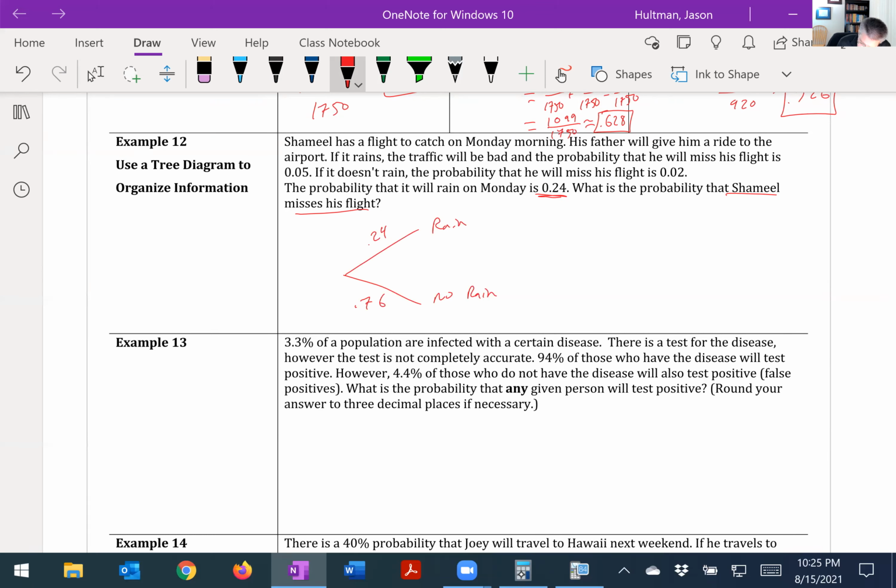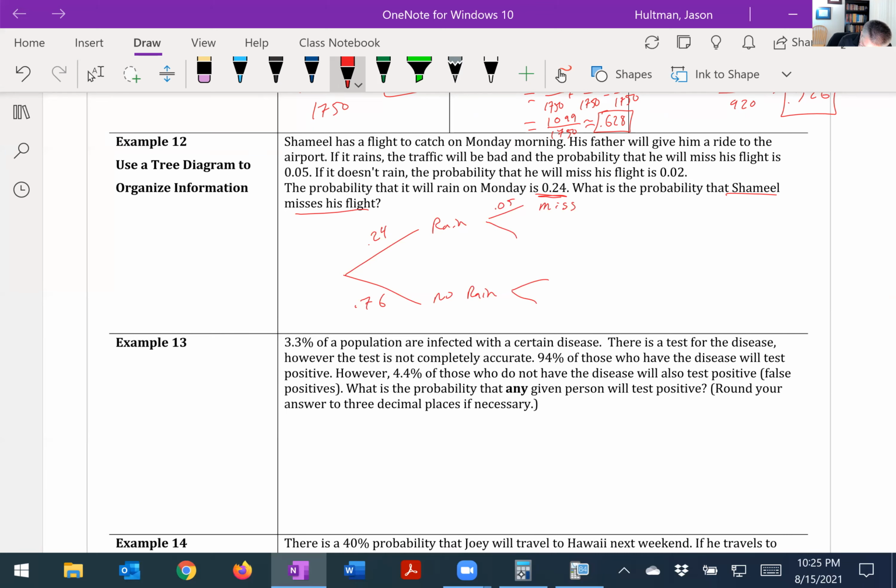It says that if it rains, then the probability he will miss his flight is 0.05. So if it rains and he misses, that's 0.05 probability.